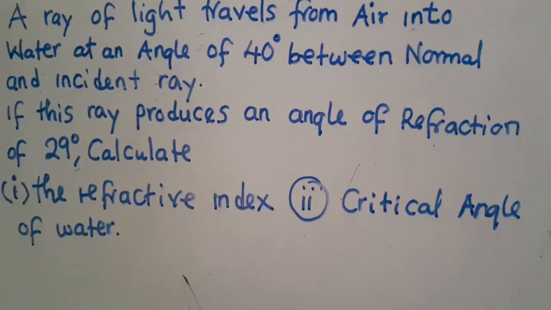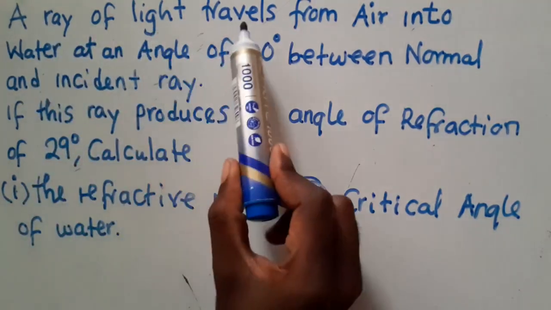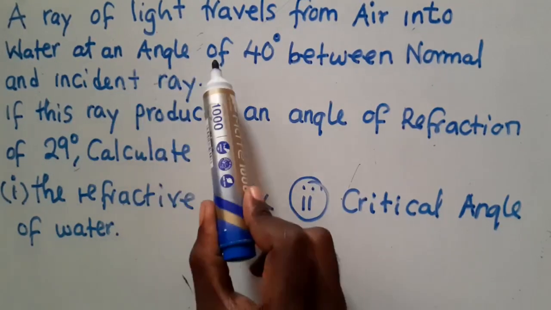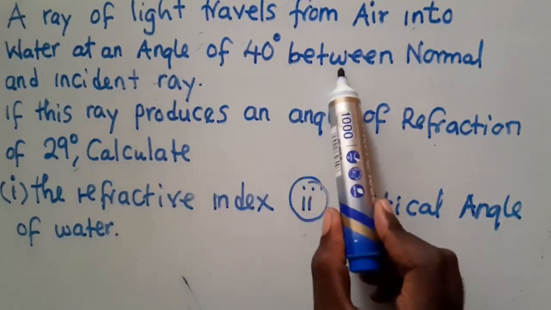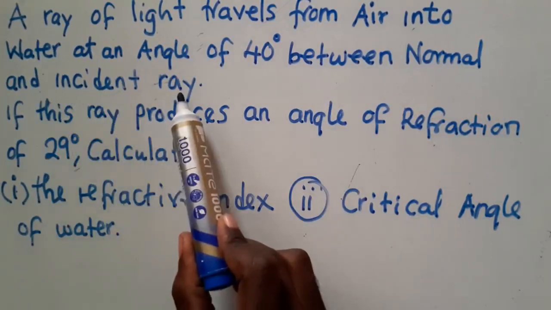I welcome you all to this lesson, as we look at this past paper question that falls under waves and light. The question reads: a ray of light travels from air into water at an angle of 40 degrees between the normal and the incident ray.